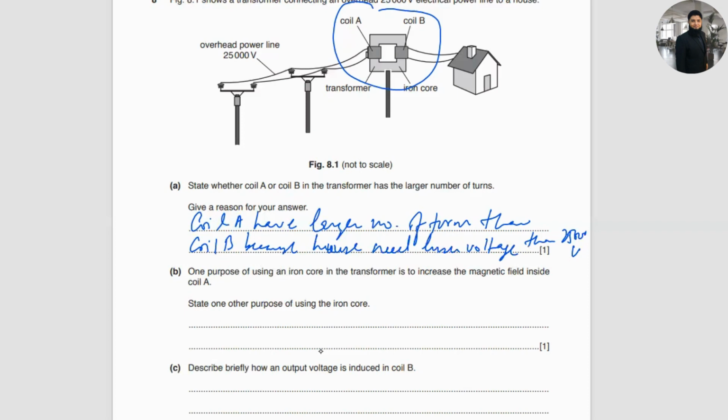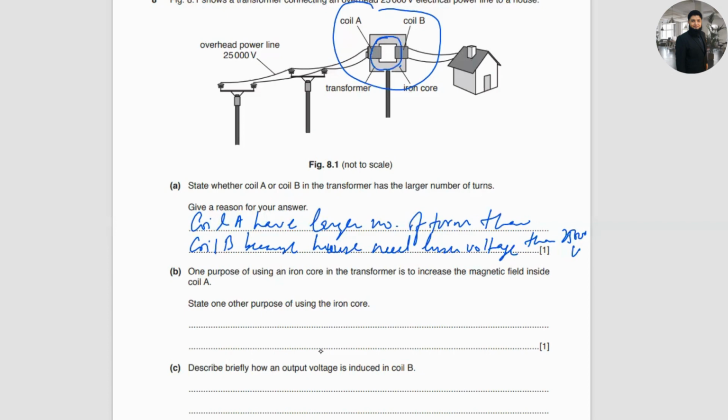Now, one purpose of using an iron core in the transformer is to increase the magnetic field inside coil A. State one other purpose of using the iron core. So this is the iron core. Iron is a material that is easily magnetized, and due to this property, the magnetic flux is generated between the coils.